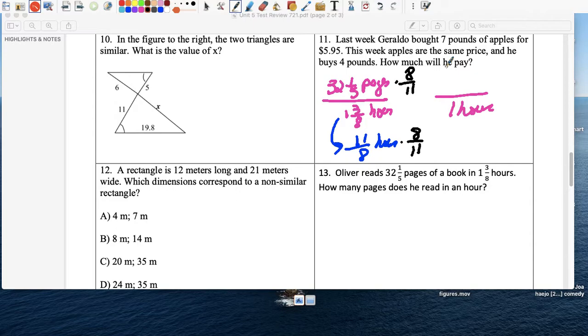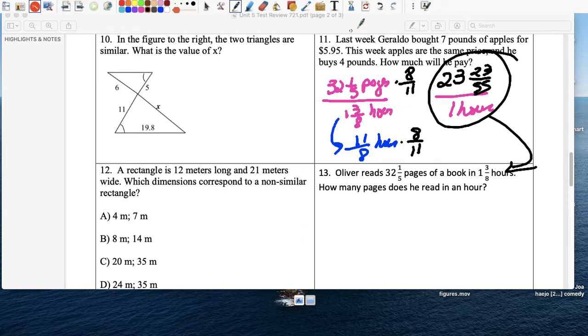According to your calculator, which I hate using, 32 and 1/5 times 8 over 11 equals 23 pages and 23/55 of the next page in 1 hour. So that's his unit rate.